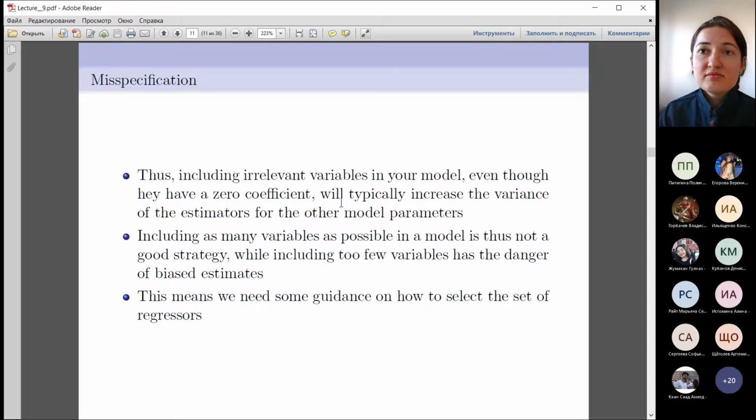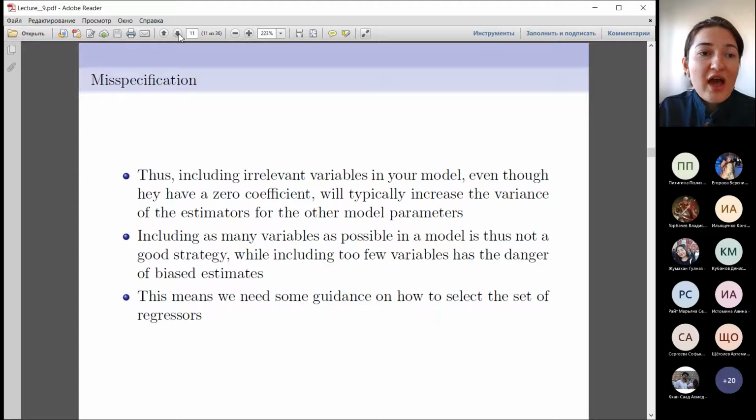So maybe you have a question. If we have such huge problems with misspecification errors, what should we do? Maybe we have some guide on how to select the set of regressors.